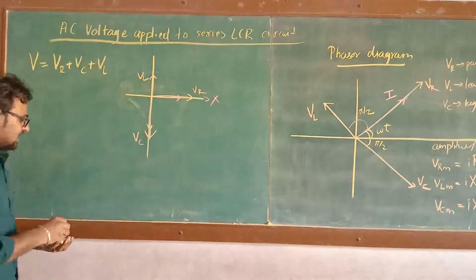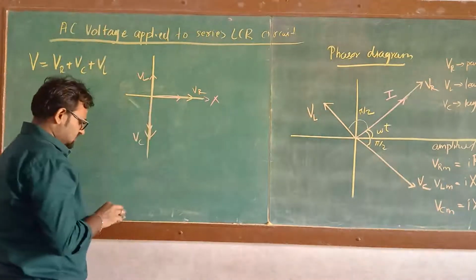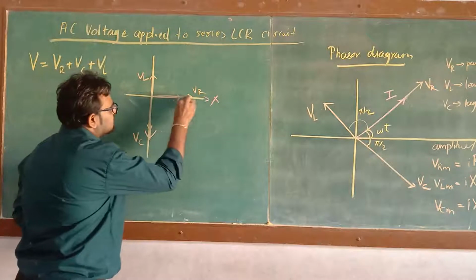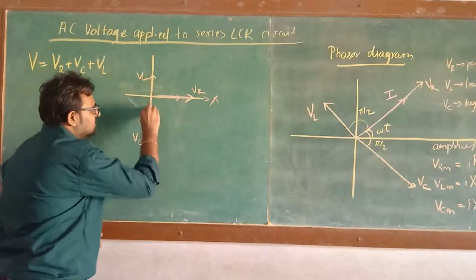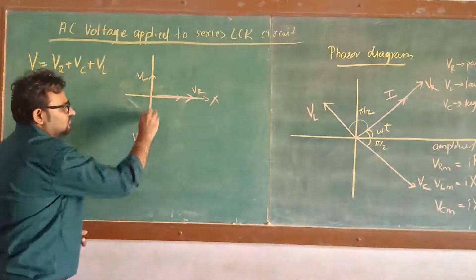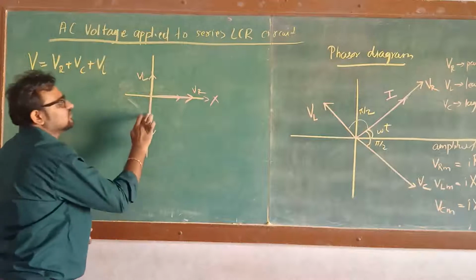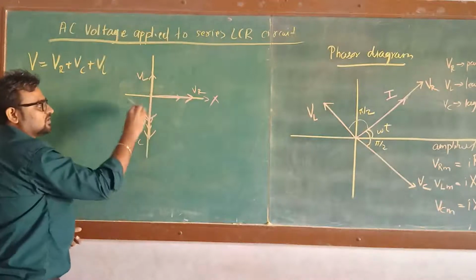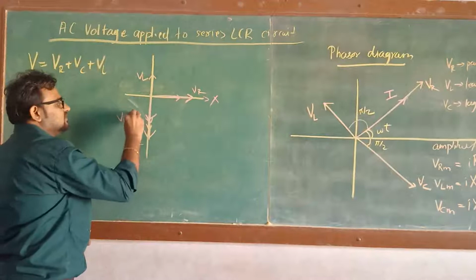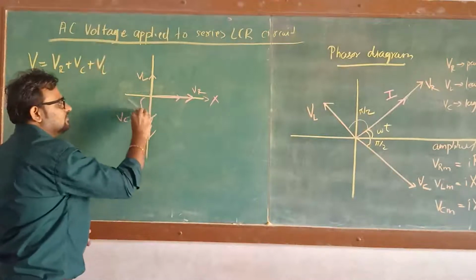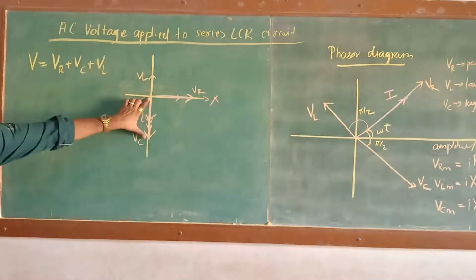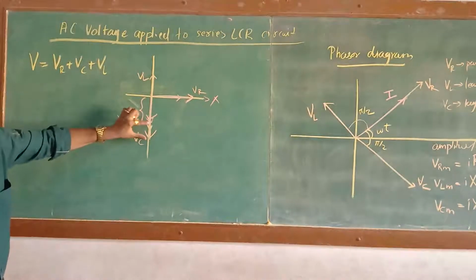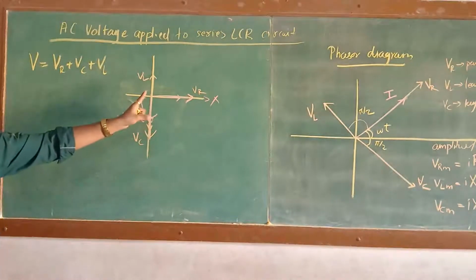So the resultant I can draw as this one. This is for resistor and this is VC minus VL. Okay? So this will be VC minus VL. Got it? Because VC, I subtracted VL from it, in the opposite direction.